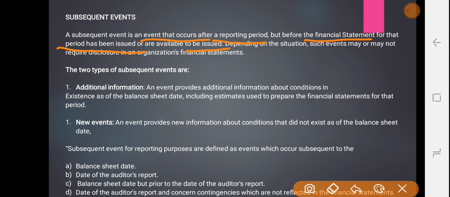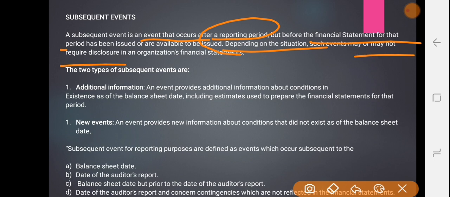So such an event is termed a subsequent event.